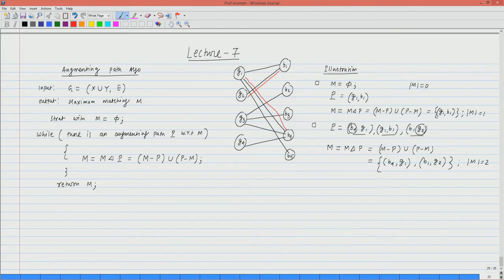Let me see whether there is an augmenting path with respect to this current matching. One can try to find an augmenting path with respect to this current matching.